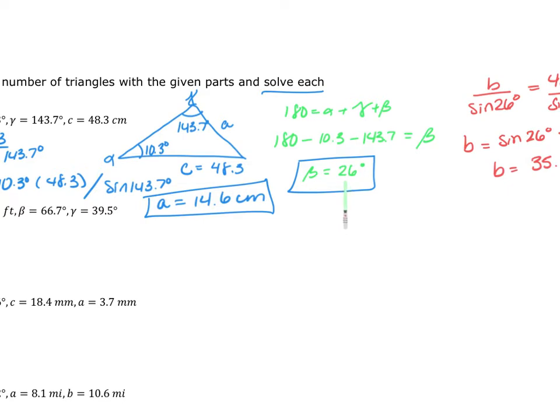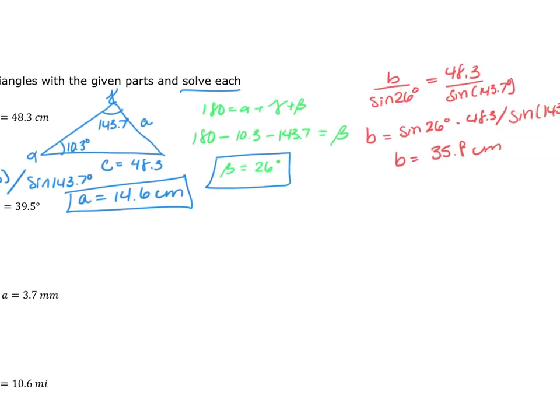It is 26 degrees. It is the next angle up, and it has a side of 35.8 centimeters. Oh, and I should note that that is the final part of it. I've now found all the sides and all the pieces. And then, of course, my largest side at 48.3 is opposite my largest angle, 143.7.